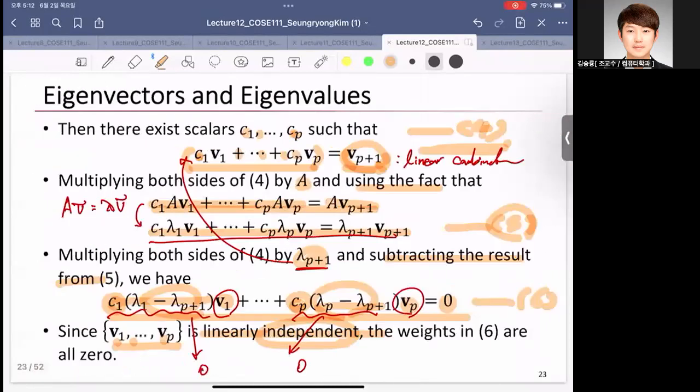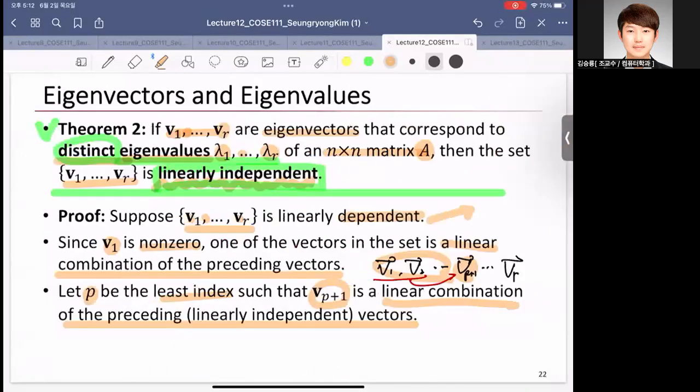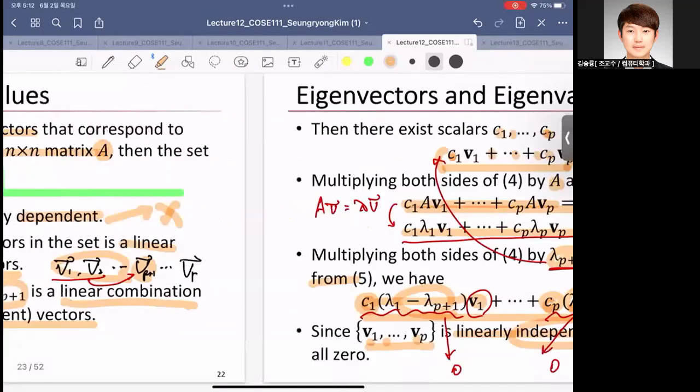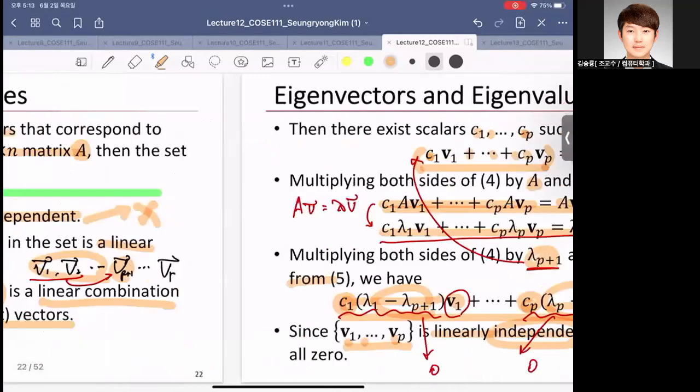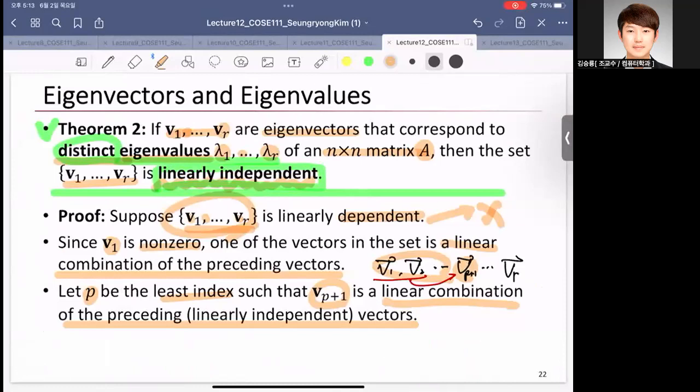This assumption fails. In other words, these vectors should be linearly independent. That's it. In other words, distinct eigenvalues of the matrix A have corresponding eigenvectors that are linearly independent.